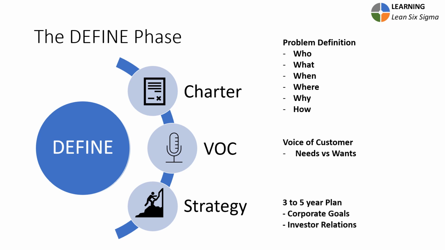And then again, the strategy. While we're focusing on this year's goals and objectives, there should be some 3 to 5 year plan that this year's focus is linked to, and then our projects should have some connection with those corporate goals and plans, and even things like investor relations and customer impact, those kind of things.